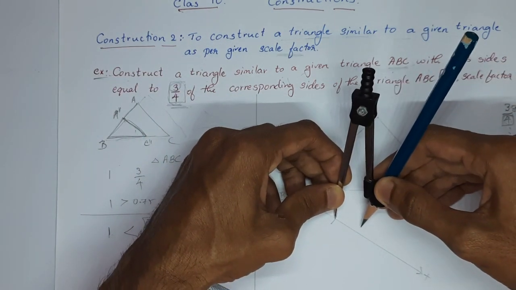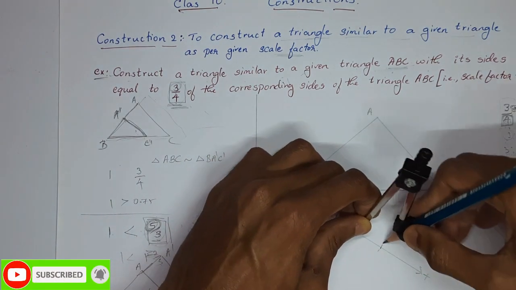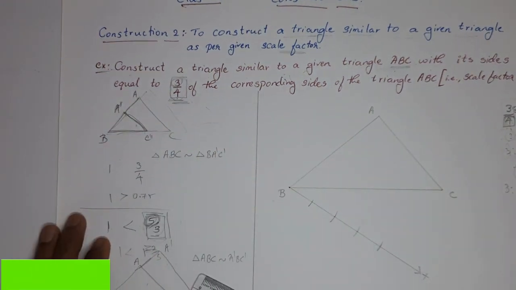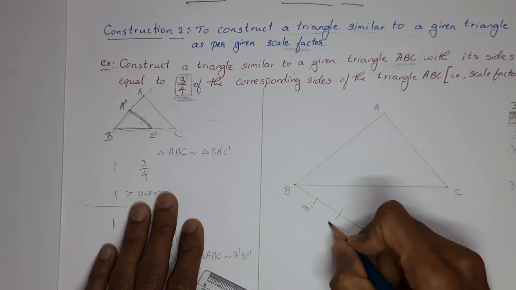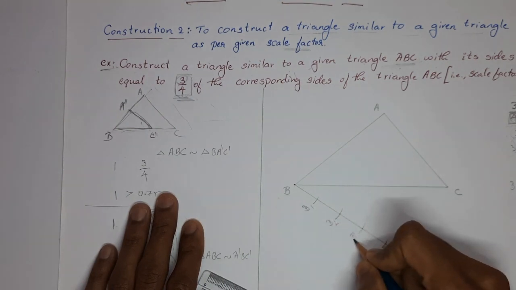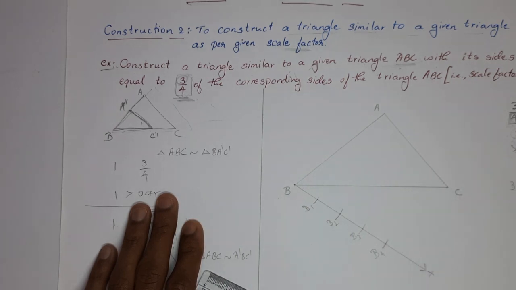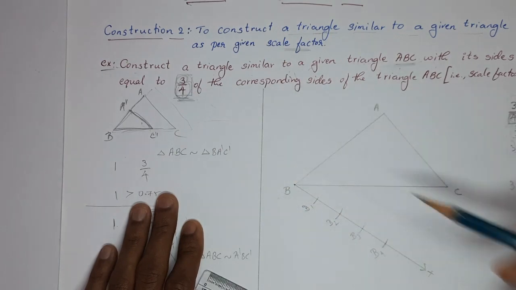Again continue, because you have to draw 4 lines, since the denominator is 4. So this is the 4th point. After marking the 4 points, name them B1, B2, B3 and B4. B4 is the last point, because 4 is the denominator, the scale factor number.